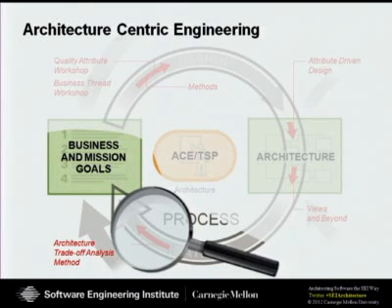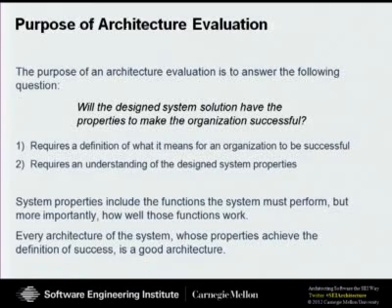Assuming you have some architecture and you want to know if that architecture is appropriate and does indeed support your organization to be successful. So let's recall. We started out with a question saying the question we want to answer is, do you have the right architecture? Let me specify that a little bit more in detail.